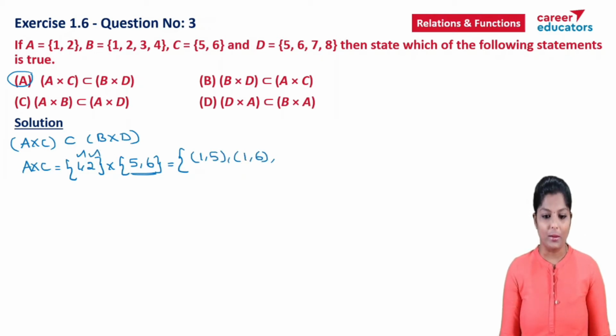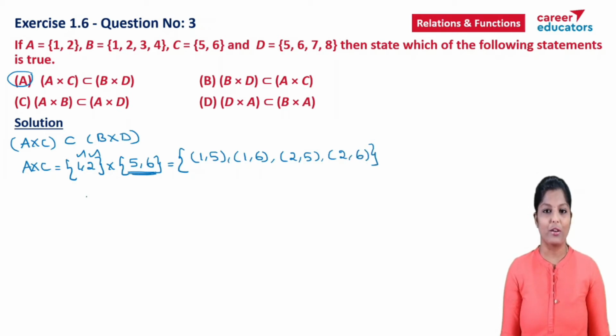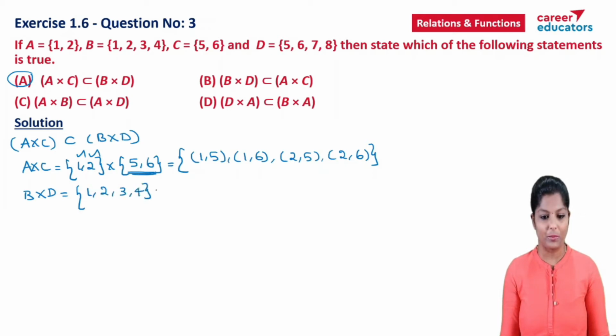Take the second element 2 and pair with all the elements of C. We will get (2, 5) and (2, 6). Now we got A cross C. Next we have to find B cross D. B cross D equal to, write all the elements of B: {1, 2, 3, 4}, cross, write all the elements of D: {5, 6, 7, 8}.